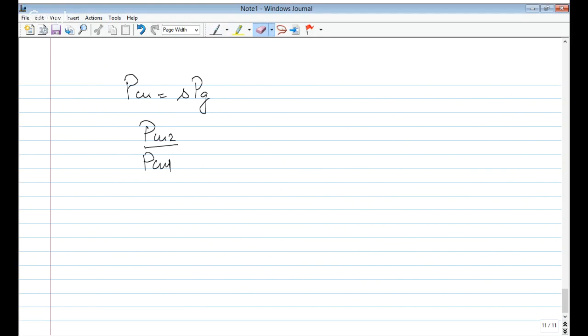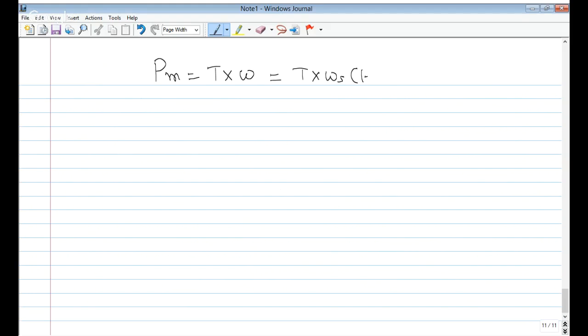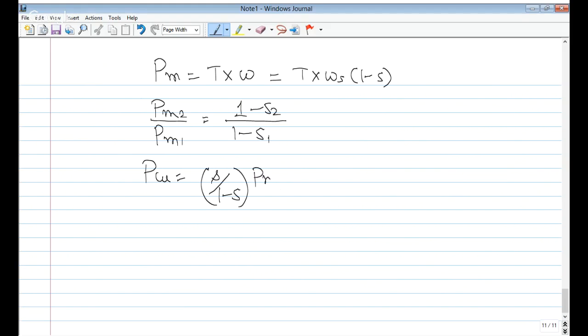Or you can go by one other method. The torque is constant, so the mechanical output, that is torque into speed, which is T into omega s (1 minus s). So you can find out PM2 by PM1, which will be equal to (1 minus S2) by (1 minus S1). Now we know PCU is equal to S upon (1 minus S) into PM.